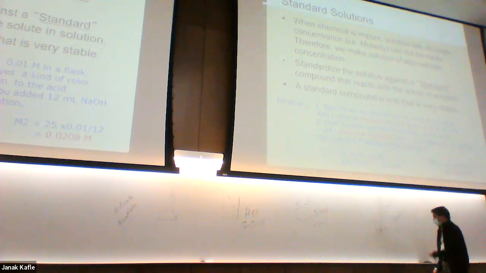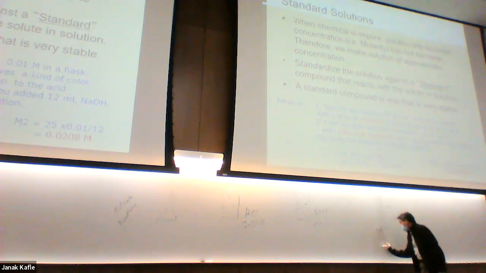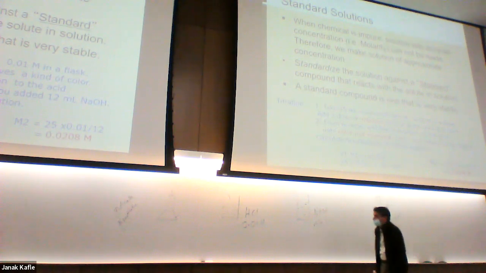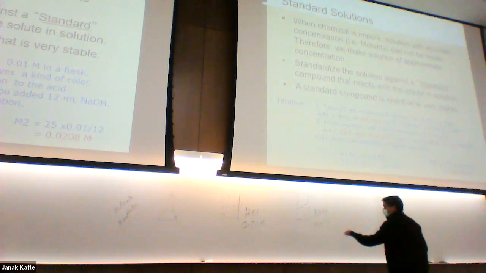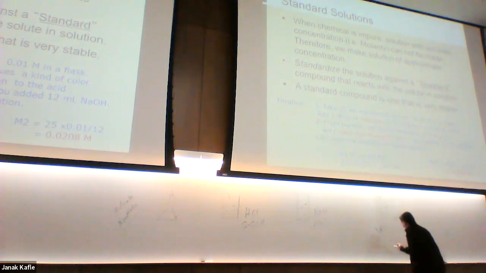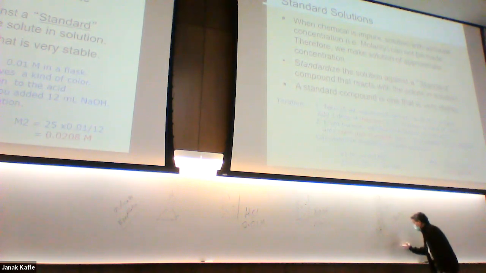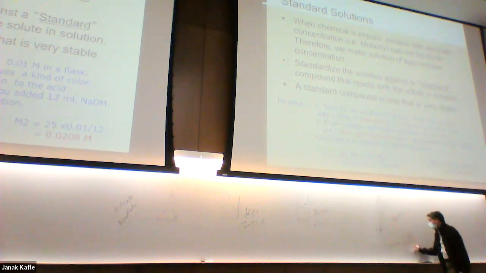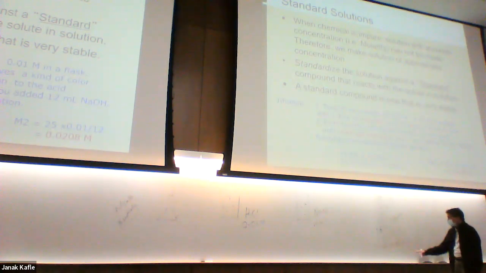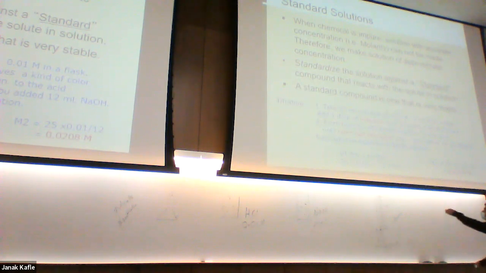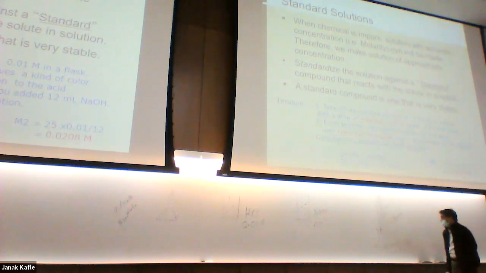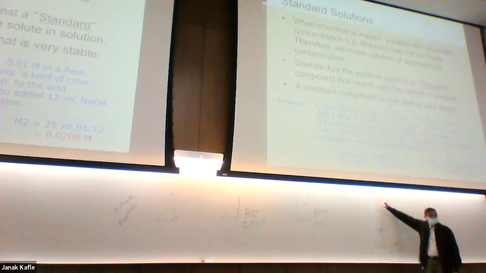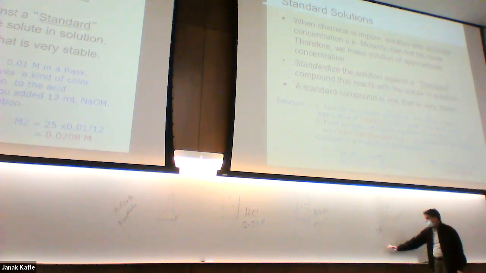So I have 25 ml of HCl solution there. Good. And I know the molarity of HCl. What's the molarity of that HCl? 0.01. I already know the molarity of this one, and I don't know anything about the other, right? Everything I know here. So I put a little bit of phenolphthalein.